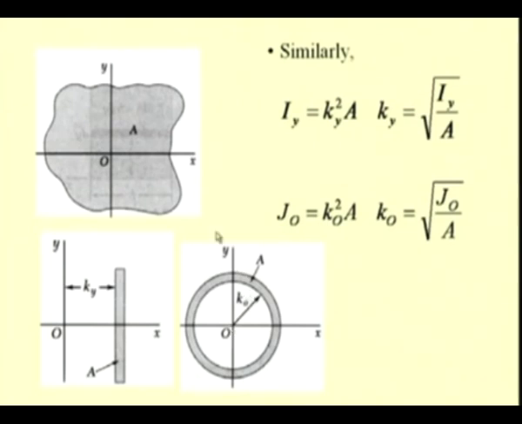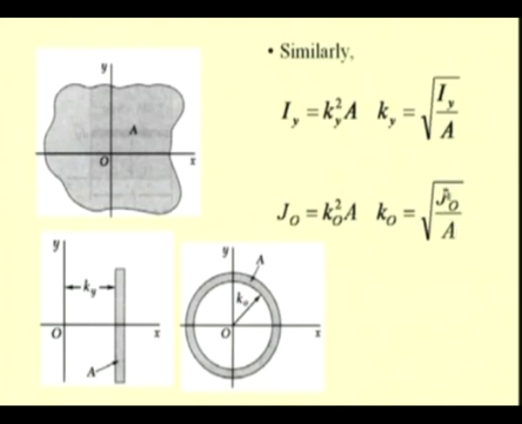Like we assume that this area is now concentrated as a thin annular strip of radius k naught, then the second moment of this area with respect to the z axis, which is J naught, is equal to k naught square times A, and thus k naught is root of J naught by A.